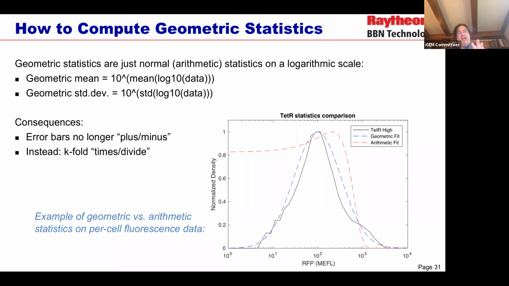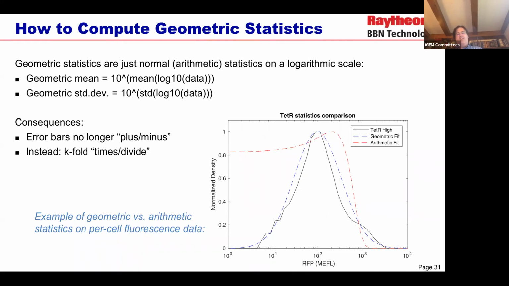Here's an example. Again, we're dipping out of plate read a little bit over to the world of flow cytometry data to look at a distribution of cell behaviors to see why geometric is the right statistics. This black is a piece of real data of per cell measurements, and the geometric bell curve fit of mean and standard deviation is in blue, and the normal arithmetic fit is in red.